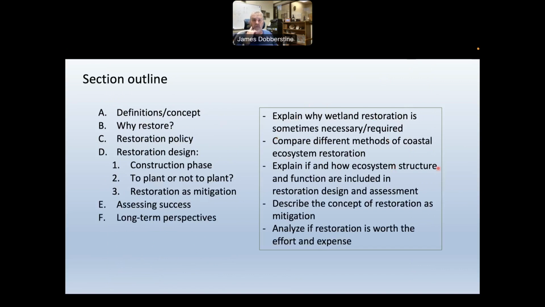You should be able to compare different methods of restoration, how ecosystem structure and function are included in the design and assessment of habitat restorations. You should be able to describe the concept of restoration as mitigation and analyze if it's worth the effort and expense, especially relative to preservation, which we're also going to talk about.